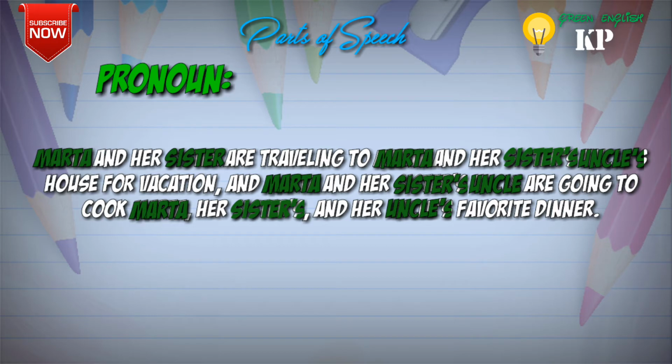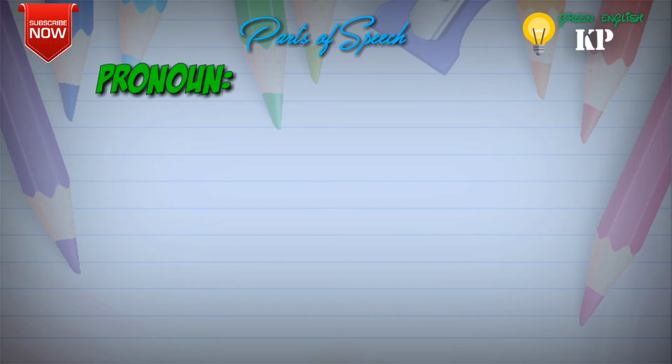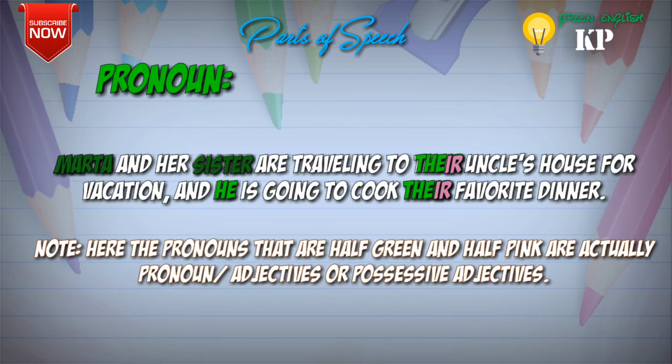Now I want you to consider the same sentence with appropriate pronouns used. Martha and her sister are traveling to their uncle's house for vacation, and he is going to cook their favorite dinner. See, this is much easier to read and understand now. Remember, we use pronouns to avoid name repetition in a sentence. However, there are some pronouns which can be used like adjectives.